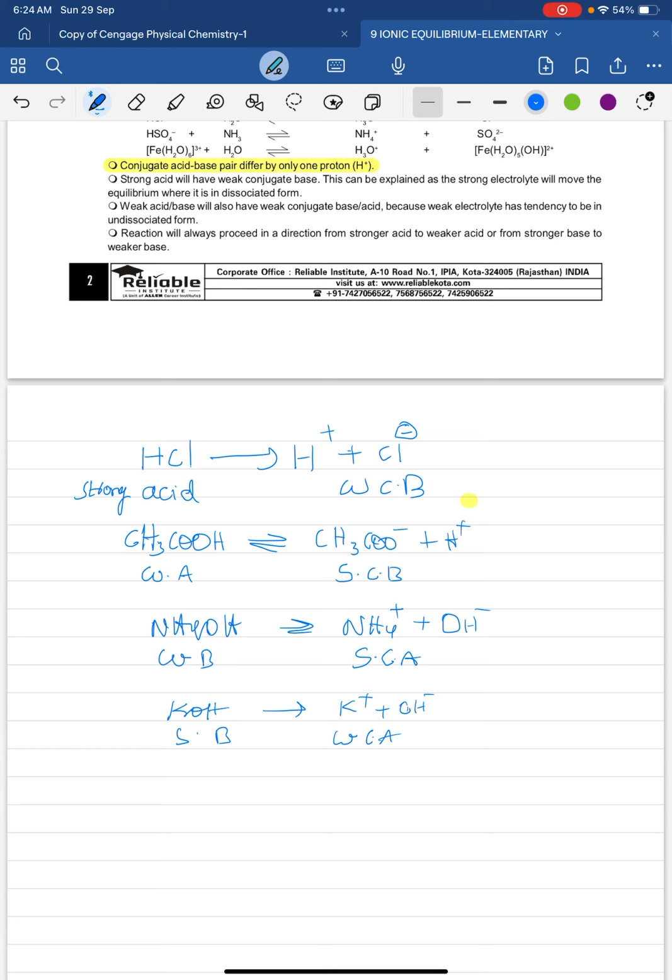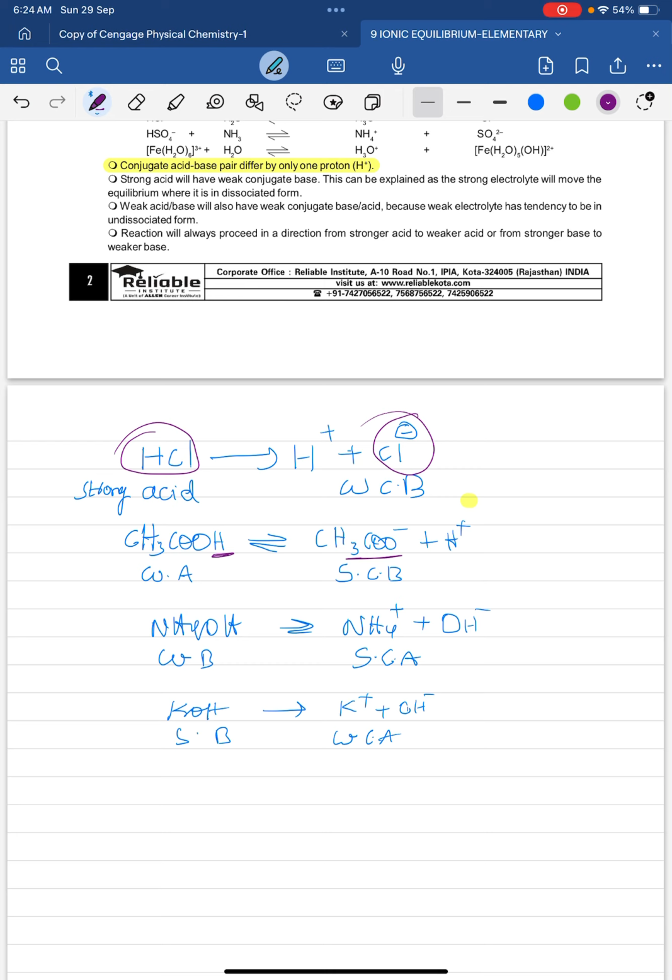So a conjugate acid base pair can differ by only one H plus ion. How many H plus ions do they differ by? You can identify here and here: only one H plus they differ. Here they lost one H plus ion. That is the reason they differ by only one H plus ion.